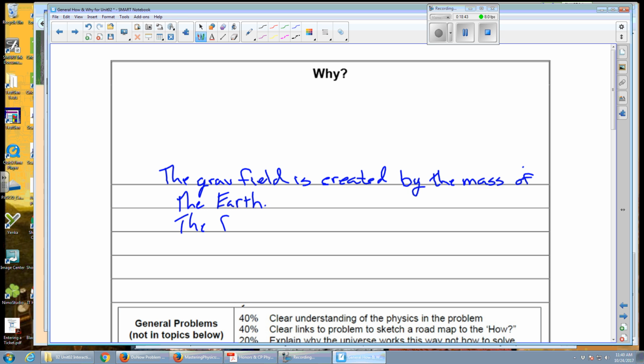The further from the center of the Earth, the weaker the grav field.